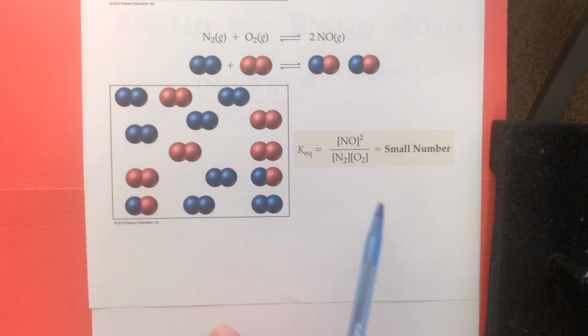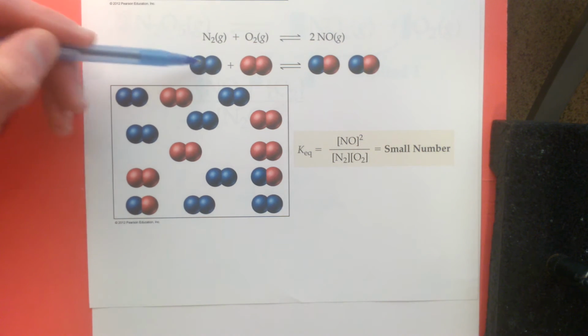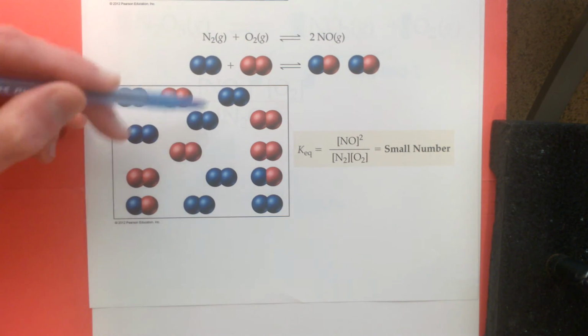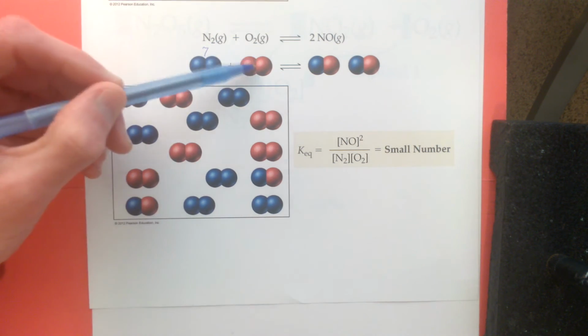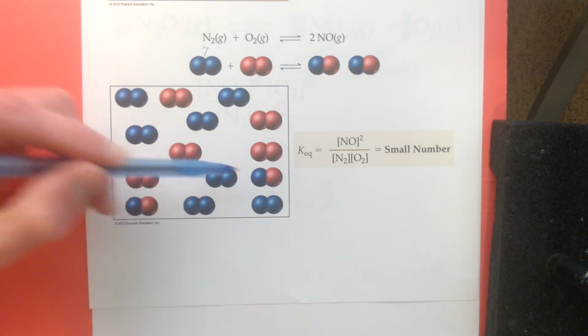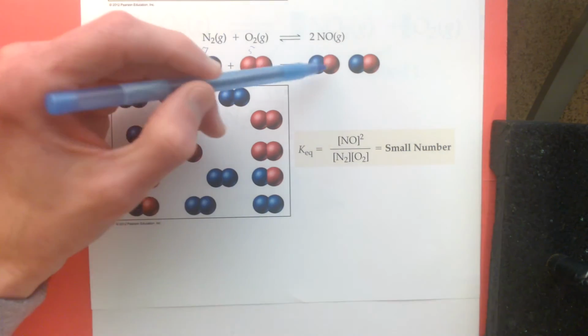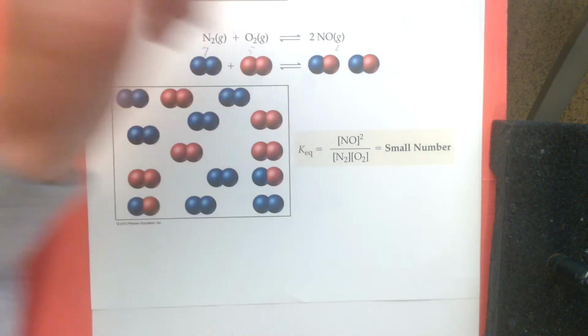This shows us a very small number. Let's count the number of nitrogen molecules left at equilibrium. There's 1, 2, 3, 4, 5, 6, 7 of those at equilibrium. Our oxygen, there's 1, 2, 3, 4, 5, looks like 5 of those at equilibrium. And the NO, it looks like 1, 2 of those is all we have.